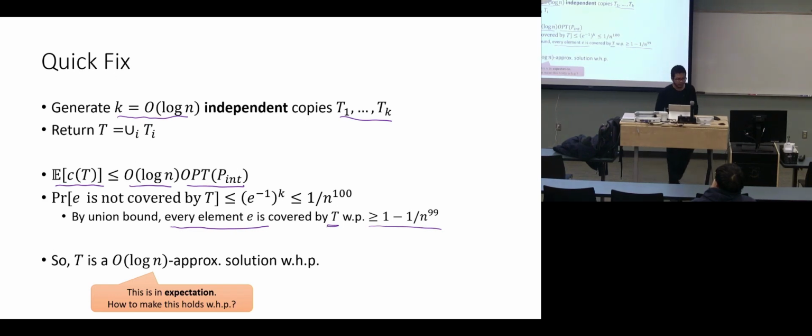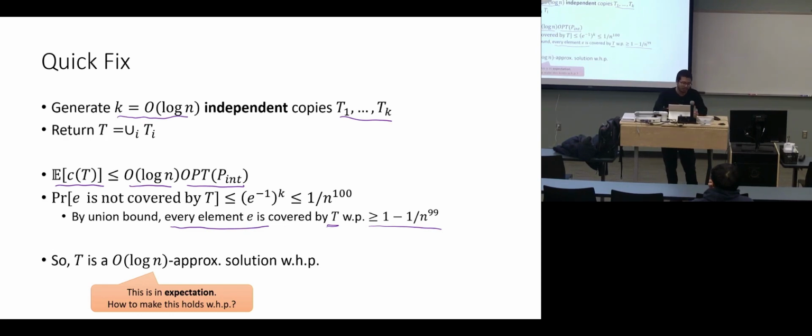Can you fix this again to make it hold with high probability? Make a bunch of independent copies, take the median of means. Yeah, that would work.